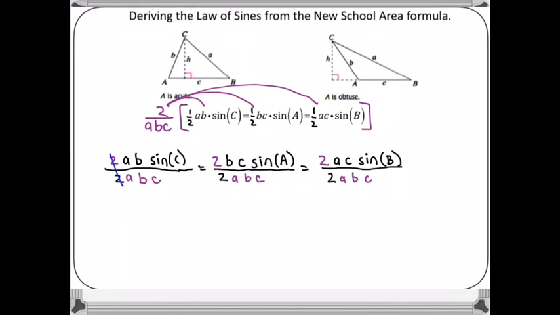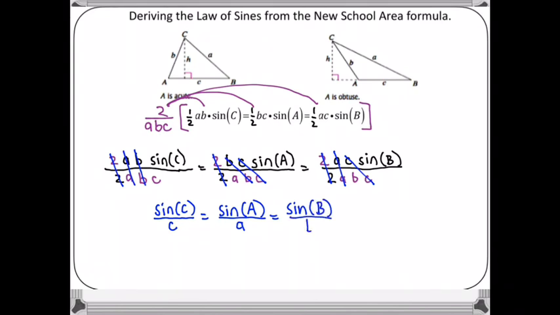The 2's go out, the A's go out, and the B's go out, so we end up with sine C over side C equals, with the 2's, B's, and C's going out, sine A over side A, and then with the 2's, A's, and C's going out, sine B over side B.